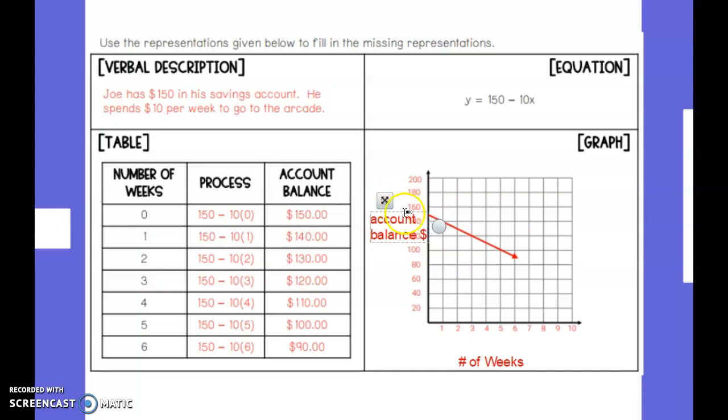And we're talking about money. After you label it, you have your x value, you have your y value. When x equals 0, y equals 150. When x equals 1, y equals 140. And make sure you connect and create your line.